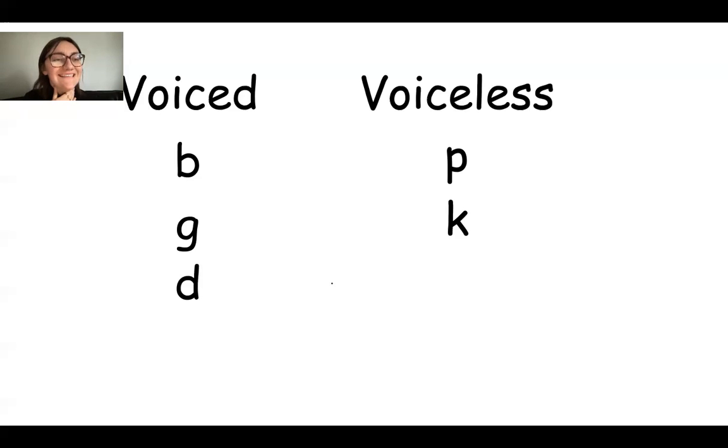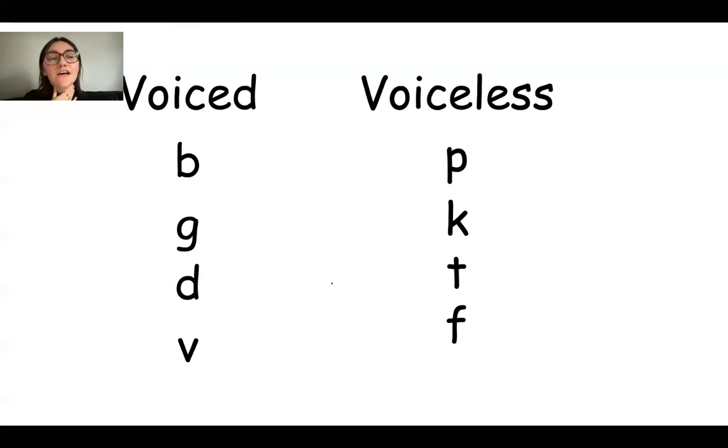Now let's do D, d, d, d. It's a voiced sound. It makes your throat vibrate. Now do a t, t, t. It's voiceless. Doesn't make it move. Now do V, V, V. That's a lot of moving around, right?